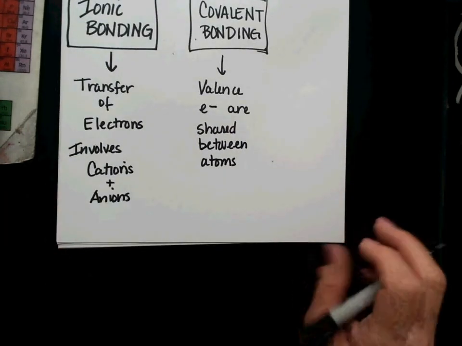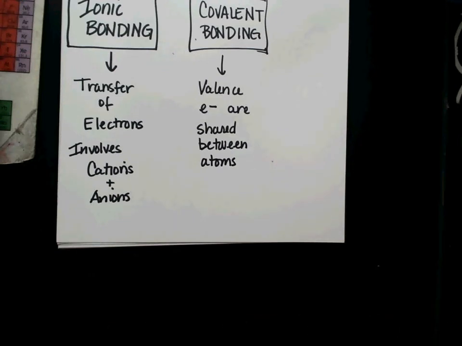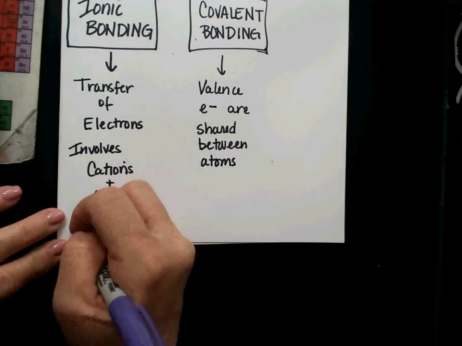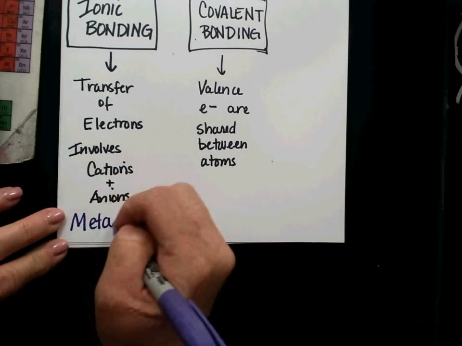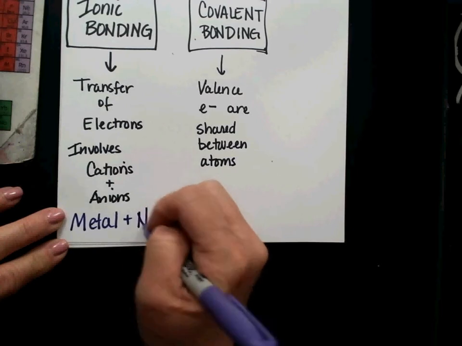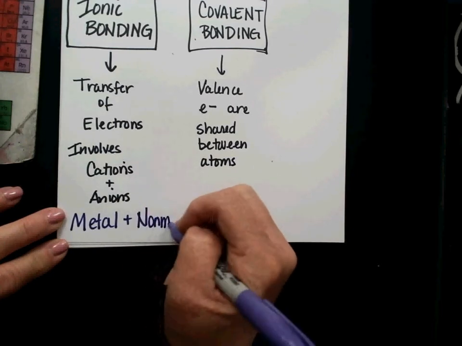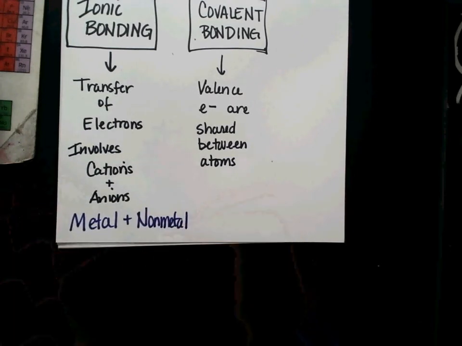Interestingly enough, these guys almost always follow a pattern when they form bonds. In ionic bonding, I have a metal plus a nonmetal.